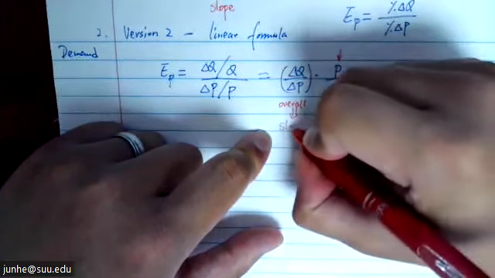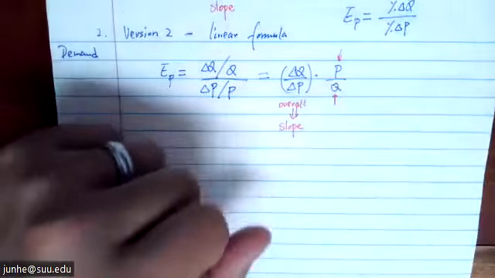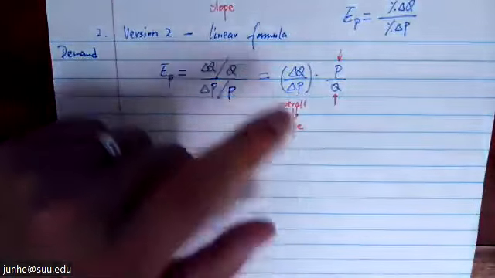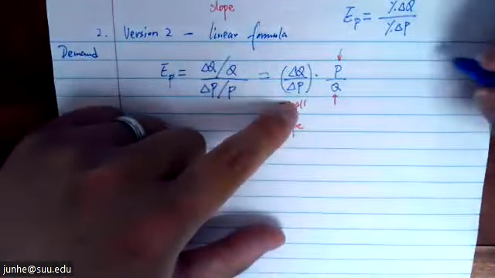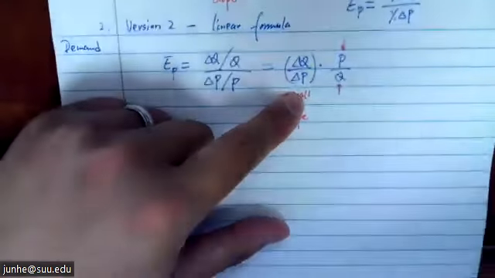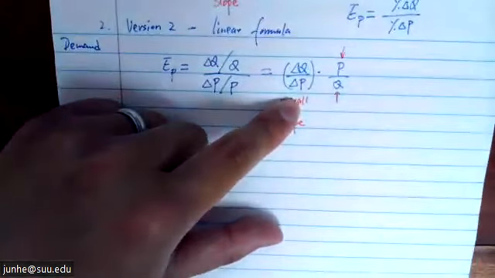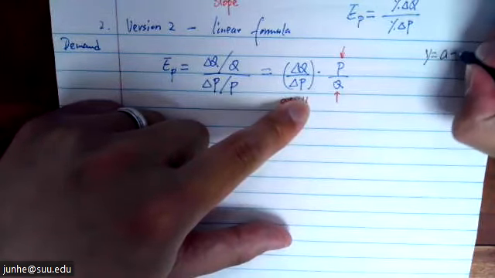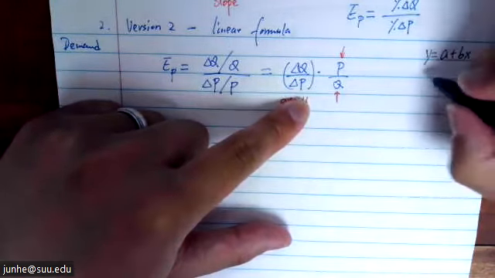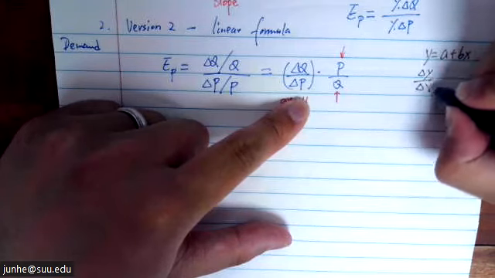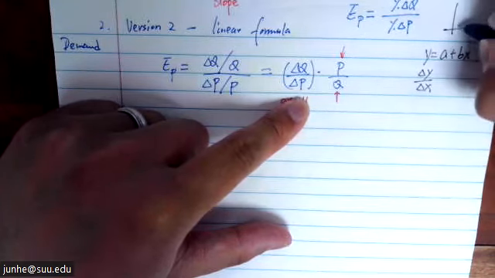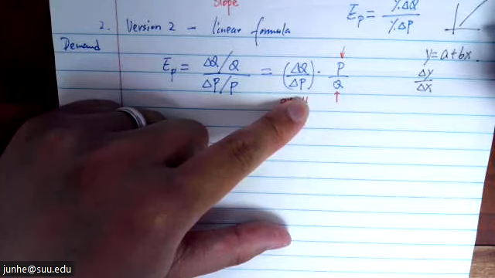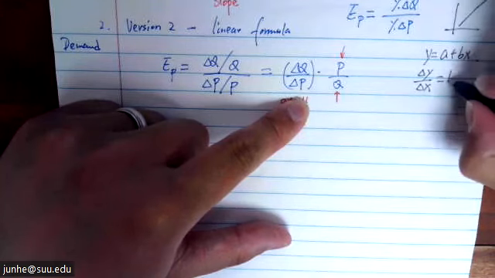And overall, this is a slope concept, right? Remember, for a linear function like y equals a plus bx, delta y over delta x equals b.